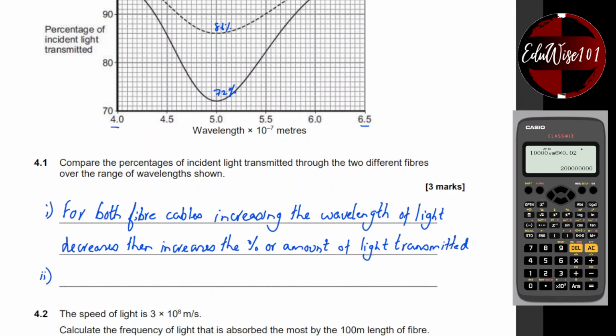Second bullet point. Lowest percentage transmitted at 5 times 10 to the power minus 7 meters for both fibers or cables.